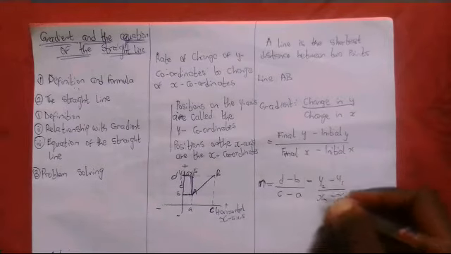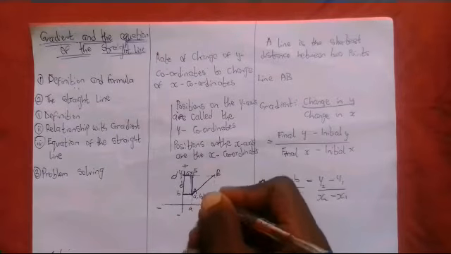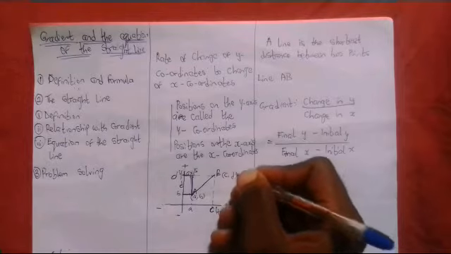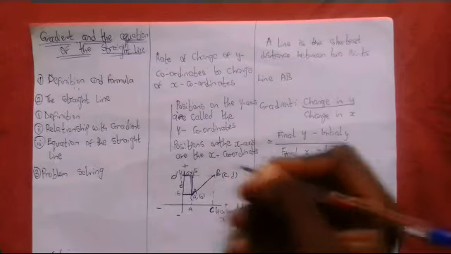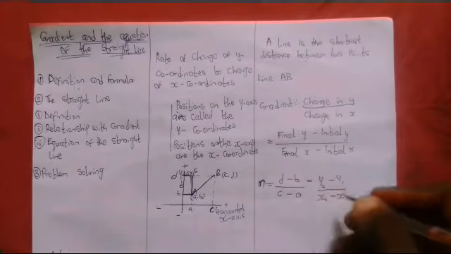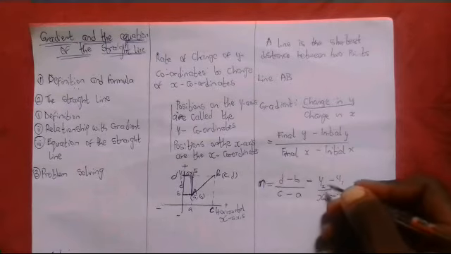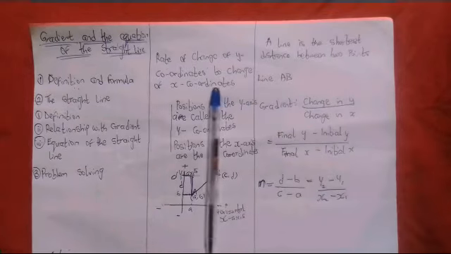Now this point we call a comma b, while this point we call c comma d, because x coordinates must come first, followed by y. So what does it mean? That the gradient is actually the ratio of the change of y coordinate to change of x coordinate.